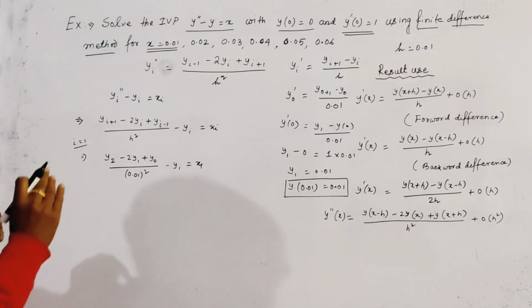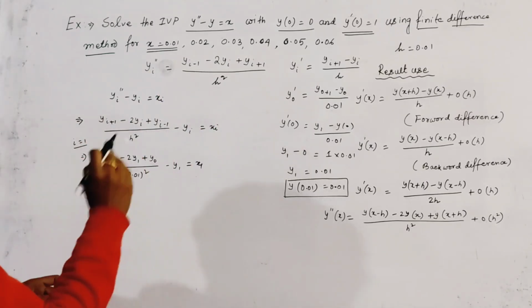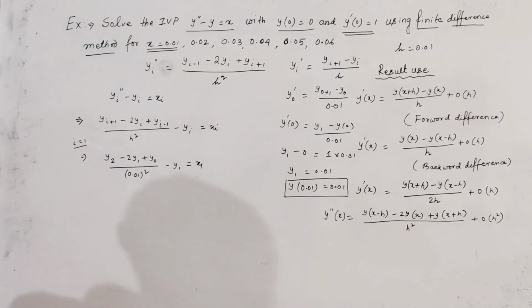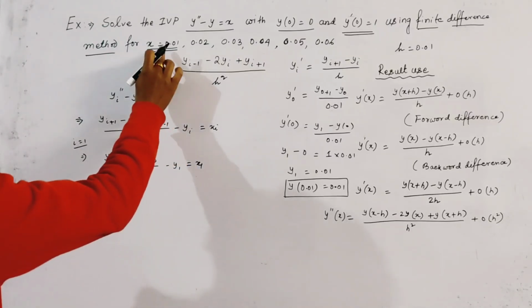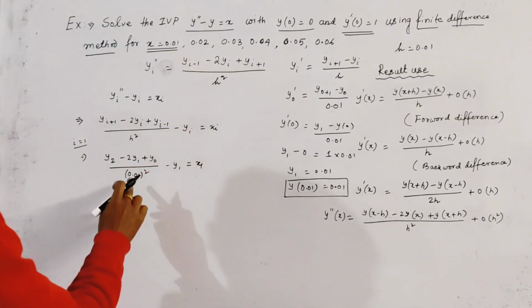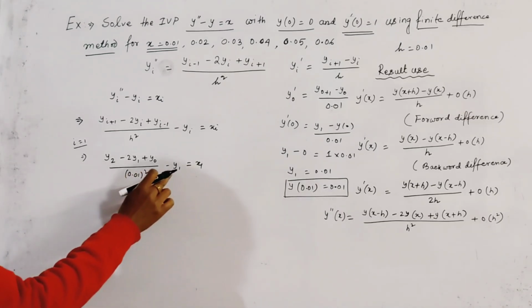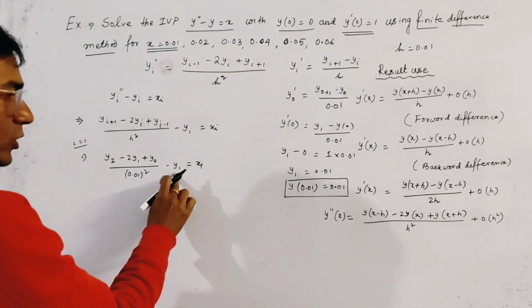And putting all the values we have already got here one by one. We first put the value of x1, x1 means 0.01, we already put h, and we already got y1.